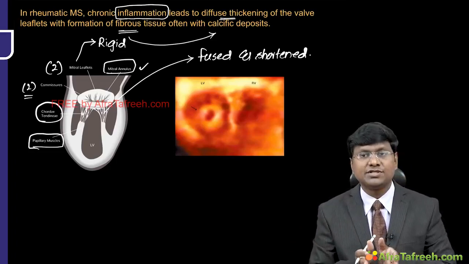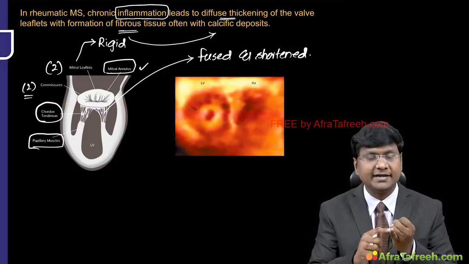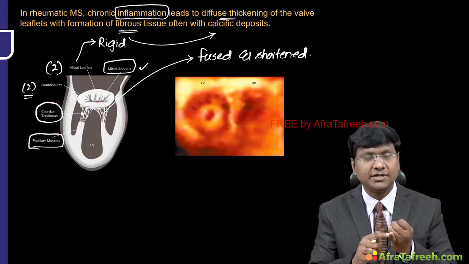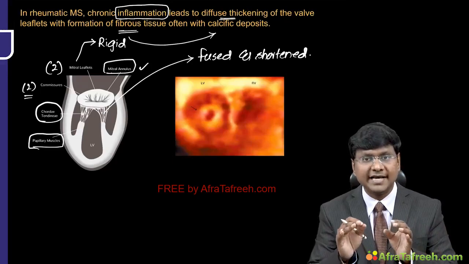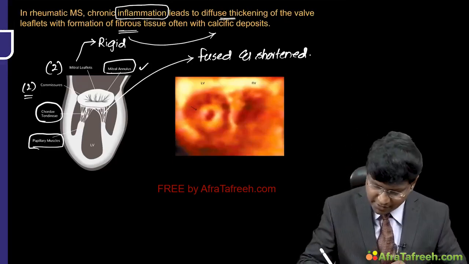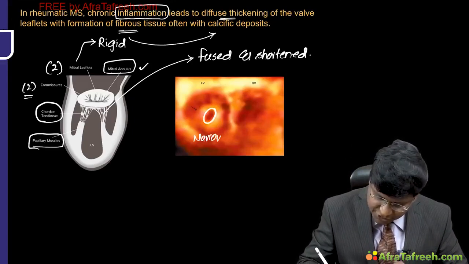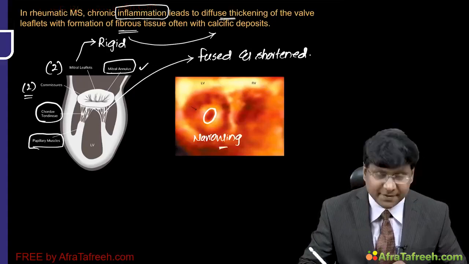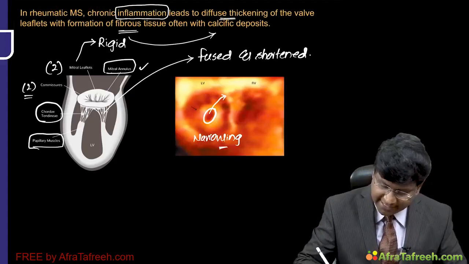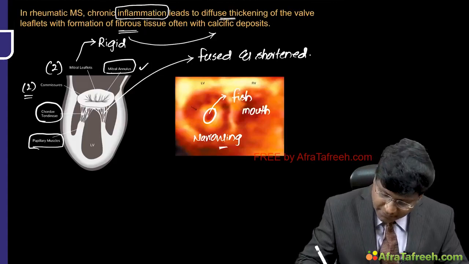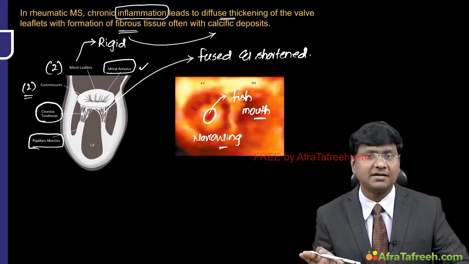Now, this entire pathological process eventually narrows the valve. The thickening and rigidity of the mitral valve leaflets, and the fusion and shortening of the chordae tendineae, will cause narrowing of the apex of the funnel-shaped valve. This narrowing of the apex of the funnel-shaped valve gives you what is called a fish mouth appearance in case of mitral stenosis.